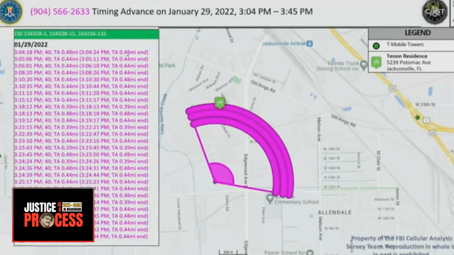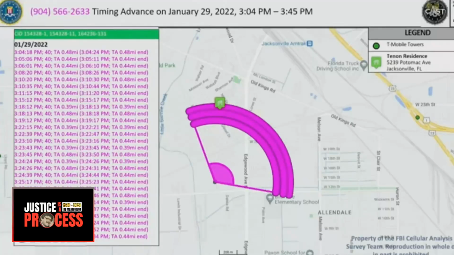And we see slightly different measurements on some of these data points. Does that necessarily mean that the device is moving? Not necessarily. So the timing event signaling goes to and from the phone, and the distance calculated comes in increments of 78 meters, and so it can be rounded up.